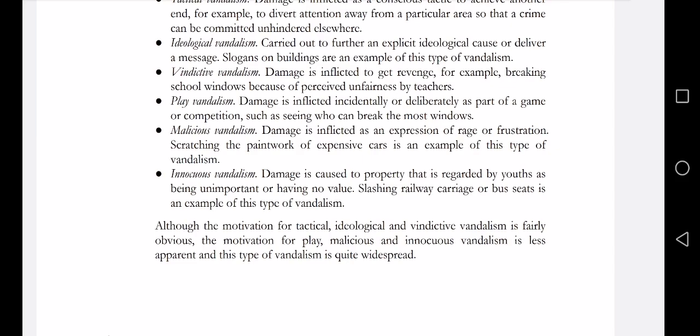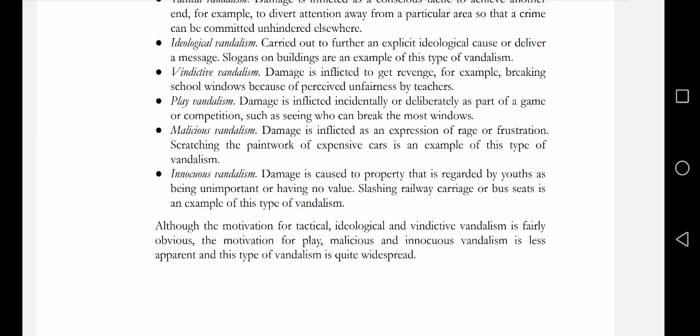Malicious vandalism: damage is inflicted as an expression of rage or frustration; scratching the paintwork of expensive cars is an example of this type of vandalism.